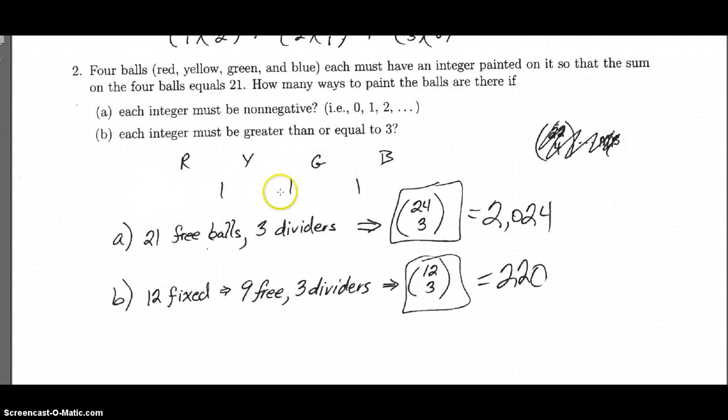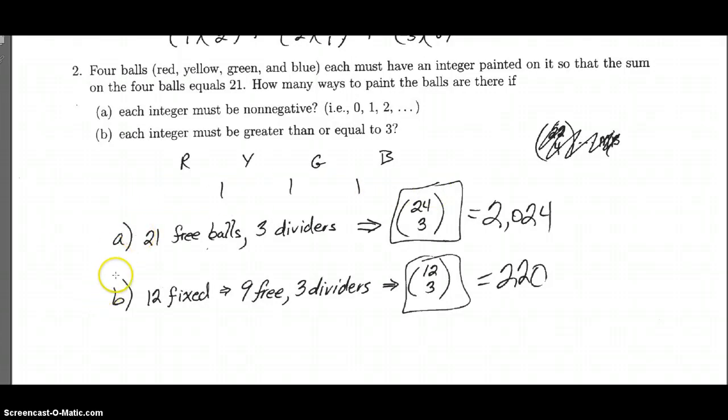So essentially we have 21 balls and 3 dividers, which gives us 24 items, and we need to choose any 3 of them for the dividers and then fill in the rest with balls. Of course, 24 choose 21 would also be fine. This is also, if you remember the physical demonstration I did on my desk where I had those dividers and then we had those clear slips of onion paper. This is that same case.